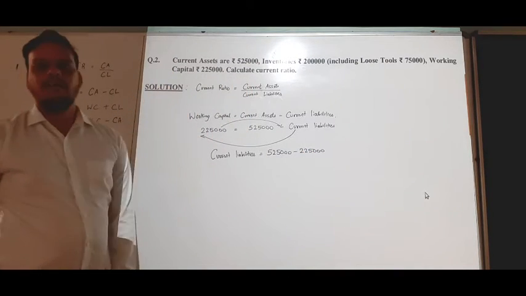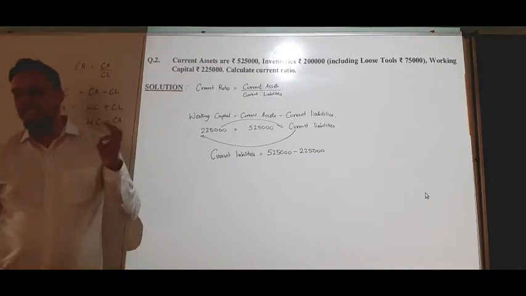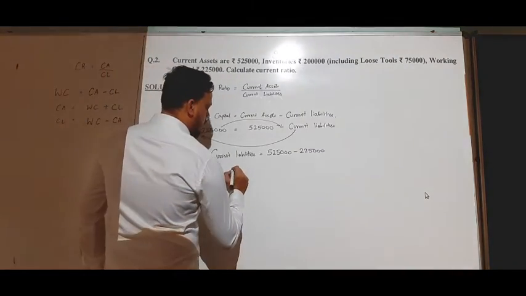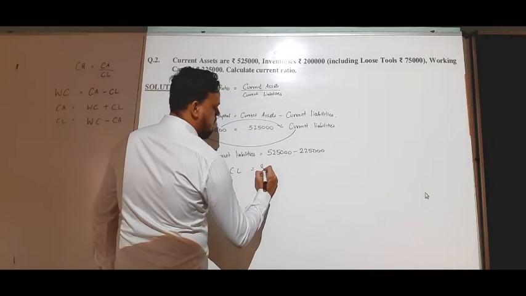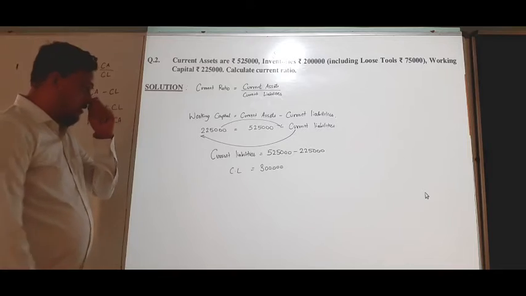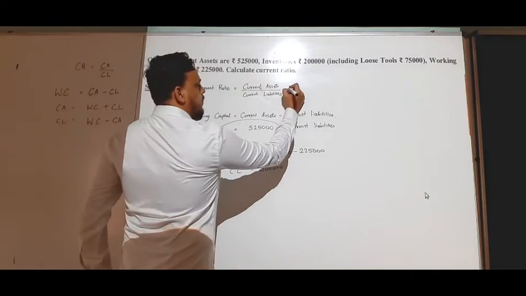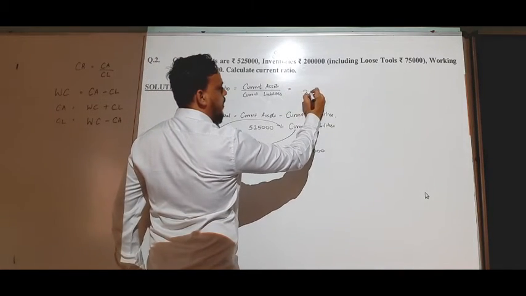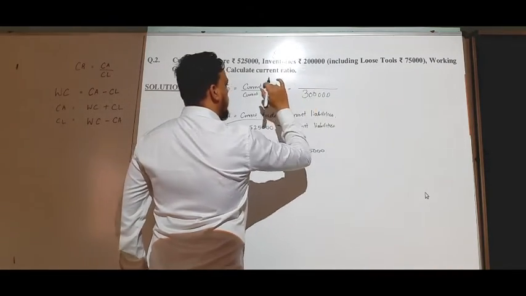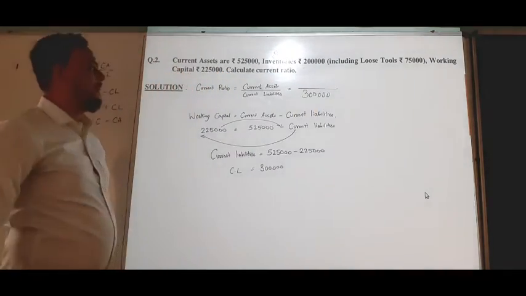So here we will have a current liability as 3 lakh rupees. We will minus this, then we will get current liability equal to 3 lakh rupees. So as we know, in current liability we have 3 lakh rupees. I am writing over here 3 lakh, but still current assets are pending.